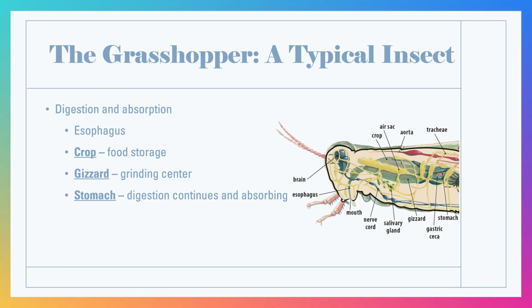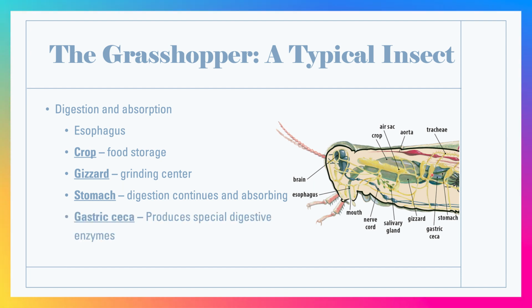All those 3 functions, storage, grinding, and digestion, are separate in, for example, these arthropods, these insects. So you have storage in the crop, grinding in the gizzard, and then digestive juices added here in the stomach.